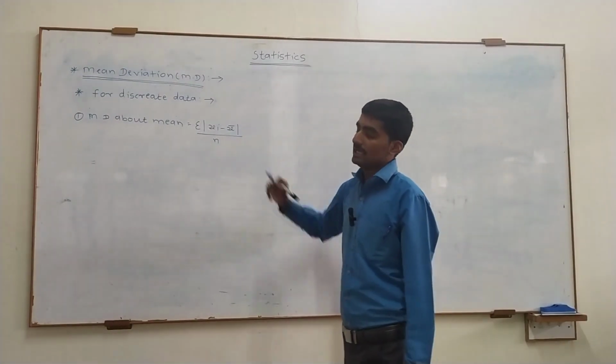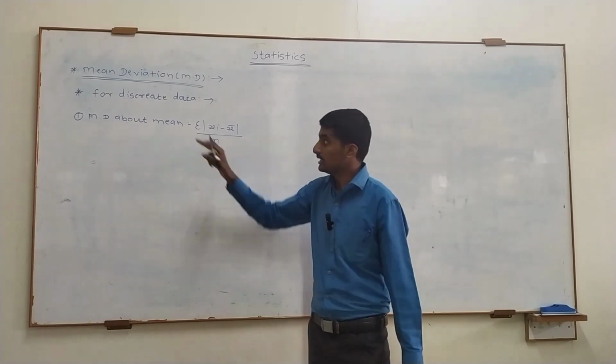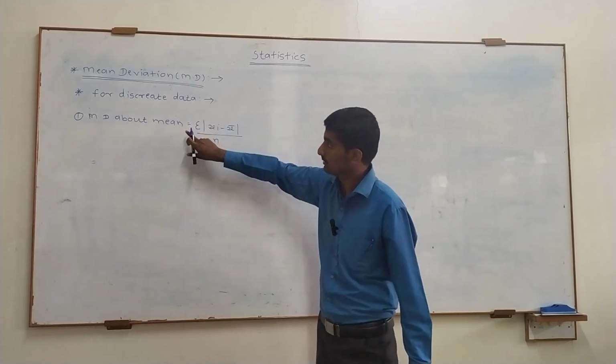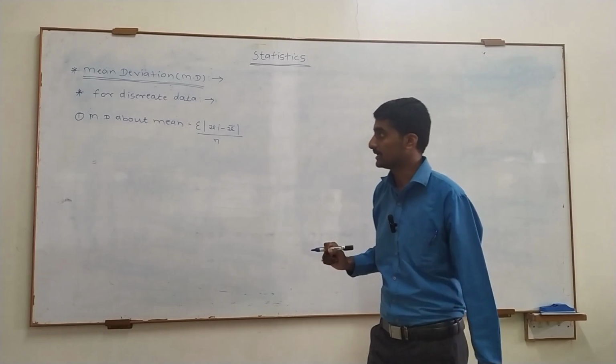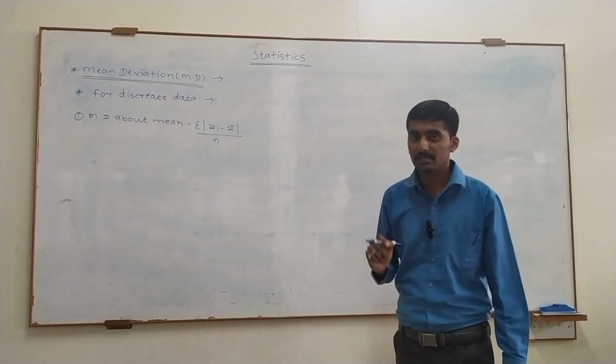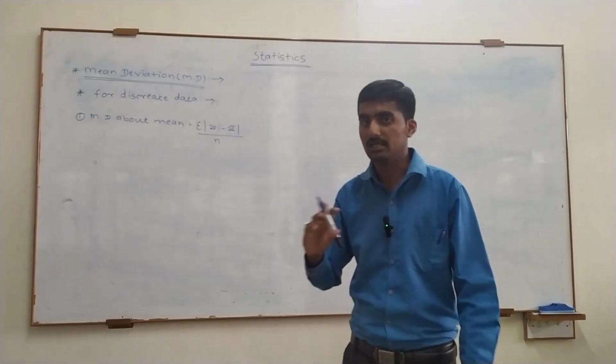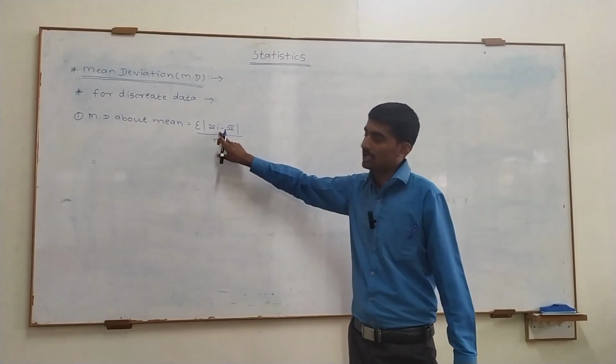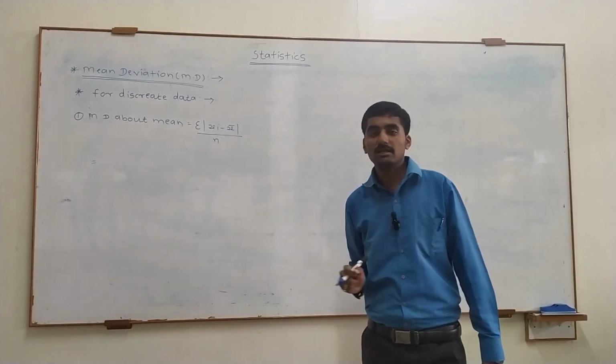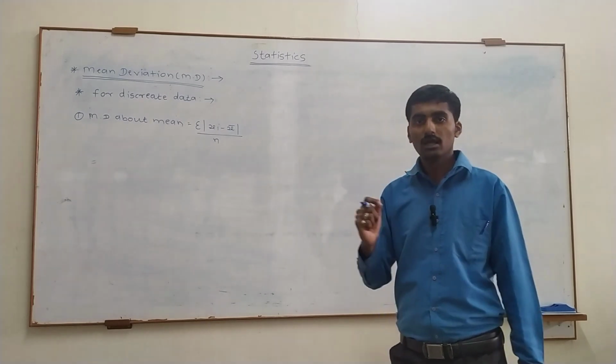So what is xi? Xi is nothing but data. This formula is used for discrete data. Whatever data is given individually is treated as xi, and x bar is nothing but the arithmetic mean or average.